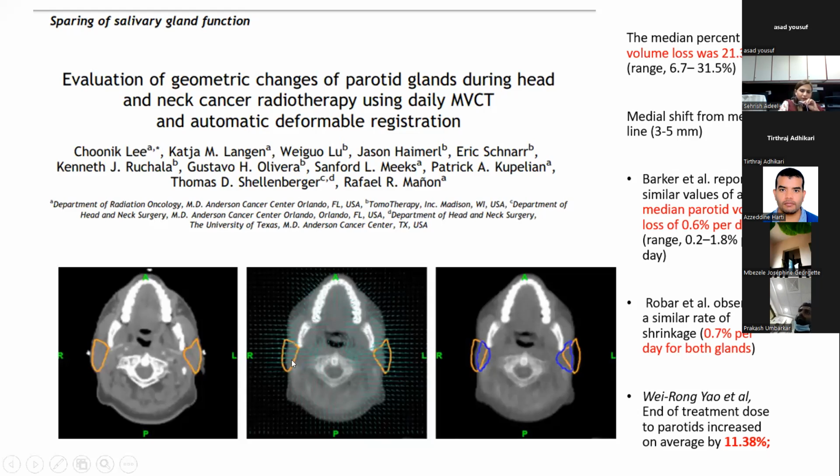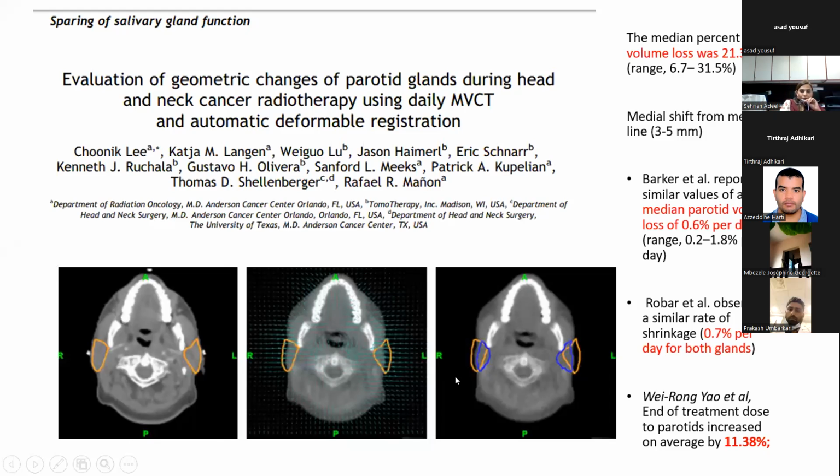Here you can see these three images. This is the baseline scan, and the yellow colored contoured area is the parotid, and these are the images taken on subsequent treatment. You can see that with the treatment, the size of the parotid glands shrinks, and the position of the parotid gland actually changes during the treatment, especially in the cases of nasopharyngeal tumors where we intend to spare the parotid gland.